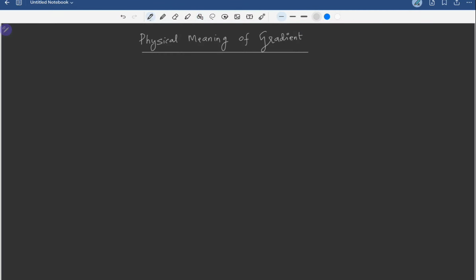Consider a function. I'll explain it with the help of an example. Consider the function x squared plus y squared plus z squared is equal to 1. What is it actually? It is the sphere of unit radius with center at the origin.